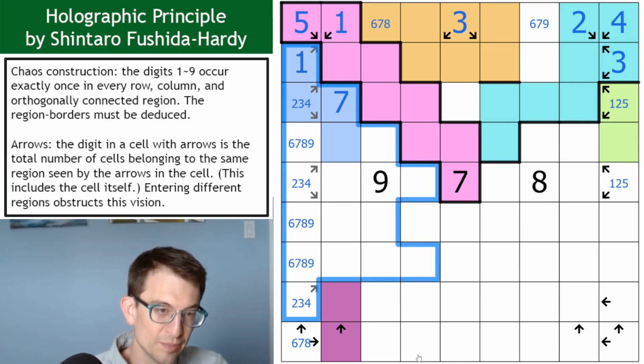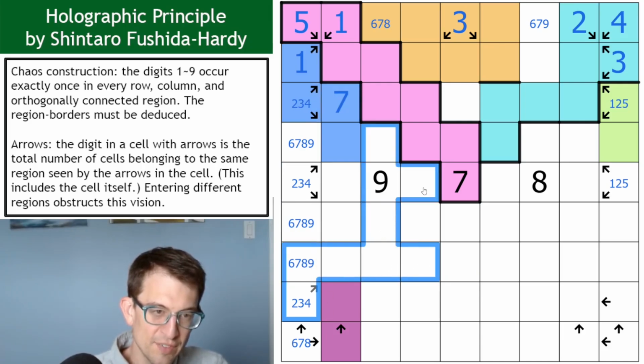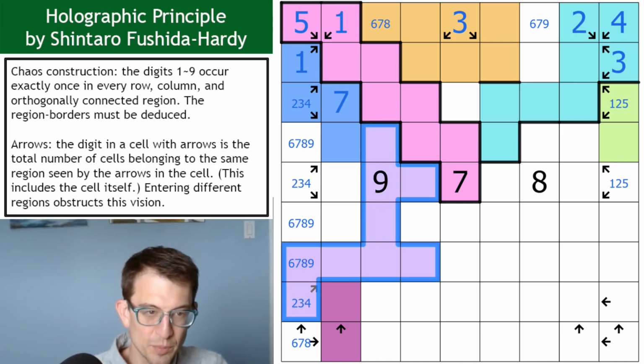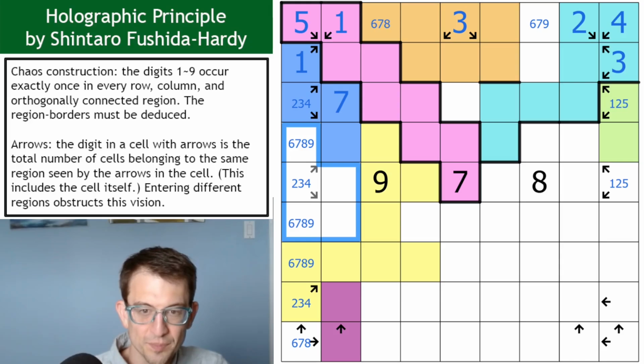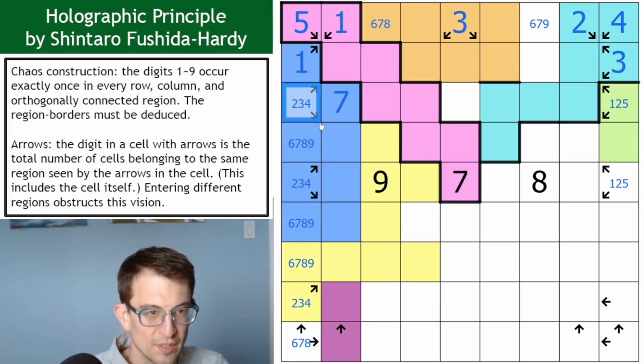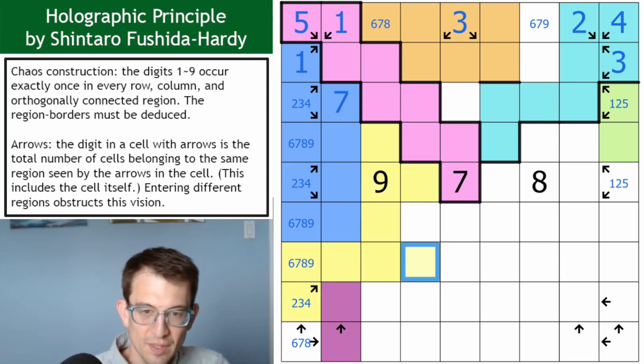Which could be those 2. Like 1, 2, 3, 4, 5, 6, 7, 8, 9. Let's say that were a group, and this were a group. This would be 2, this would be 3. Yeah, that's fine. I don't see an issue there.